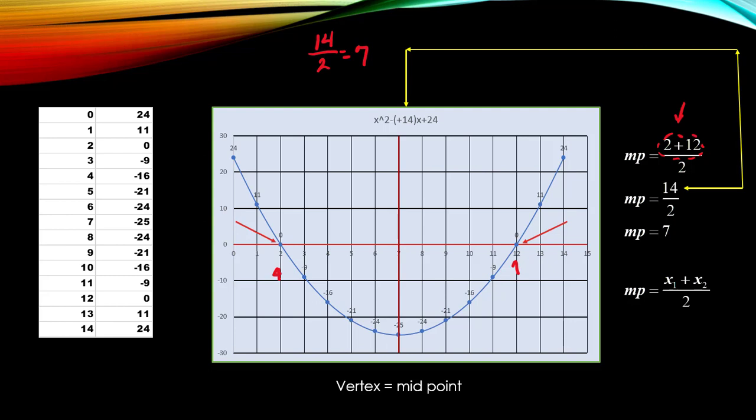And you'll see that this line of symmetry passes through x equals 7. In general, the midpoint or the location of the vertex is simply x1 plus x2 divided by 2.